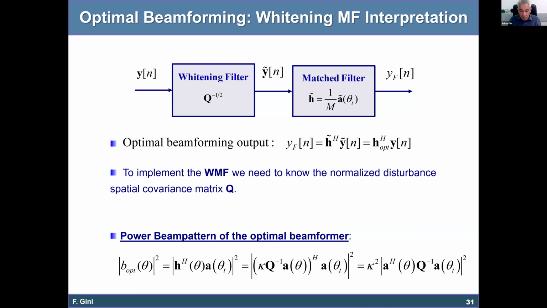So I repeat, I want to stress very well what the differences are between the classical beamformer, which is a non-adaptive beamformer, which is optimal only in white disturbance, and the optimal clairvoyant beamformer, which is optimal both from the point of view of the minimization of mean-square error and the maximization of the signal-to-noise ratio. And this optimal beamformer can be interpreted as the cascade of a whitening filter and the matched filter.